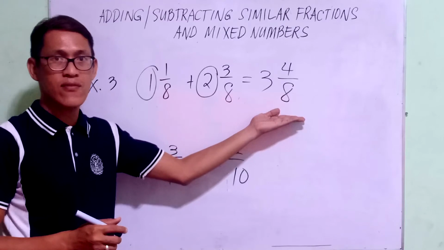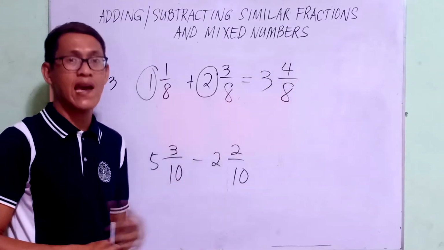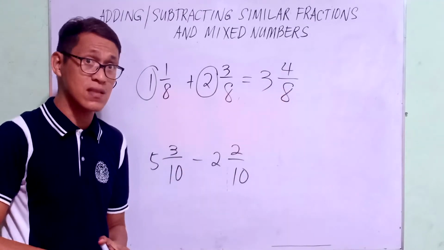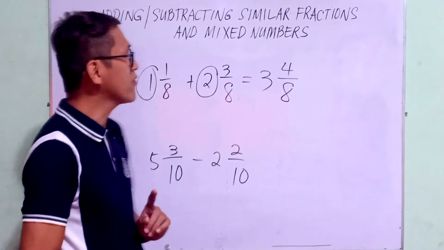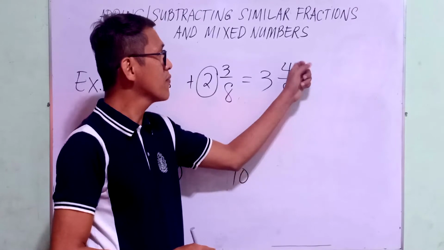Now, let's check if the answer is in lowest term. Look at 4/8. Is 4/8 in lowest term? No, because we can divide 4/8 by 4, right? That's the biggest number you can divide 4 and 8.